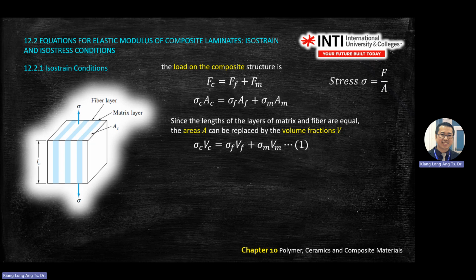Why volume? Because all materials have density. When you mix a composite, it's easier to measure the weight of the material. It means you pour the matrix, you weigh the fiber, like 100 grams of fiber, 100 grams of matrix. Then you pour these two materials together and mix, rather than cutting the area and then joining. That is very hard.